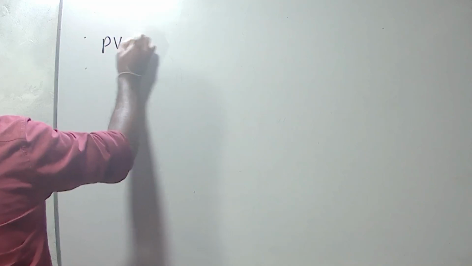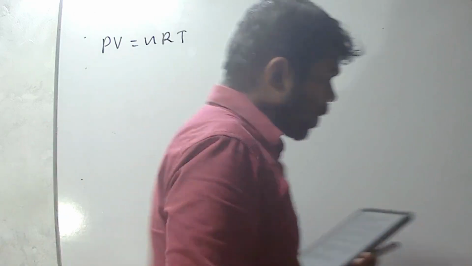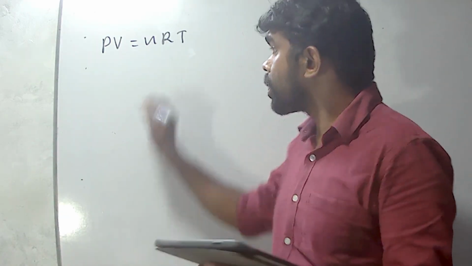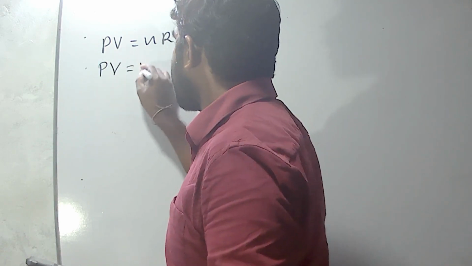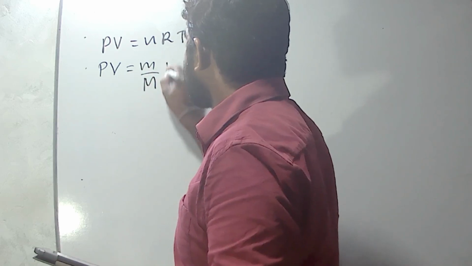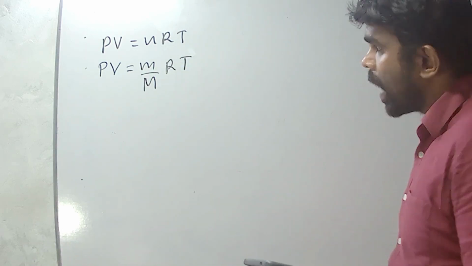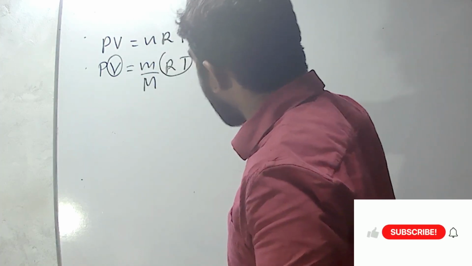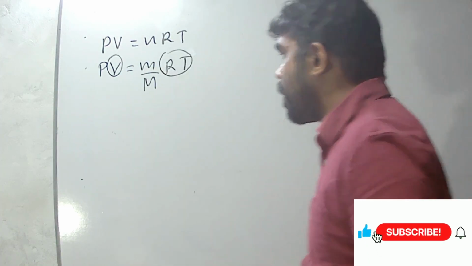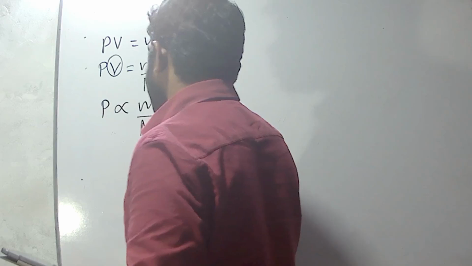We know that when using PV equals nRT, we can use number of moles, mass divided by molar mass, times RT. Now V and RT are constant, so pressure is directly proportional to mass divided by molar mass.